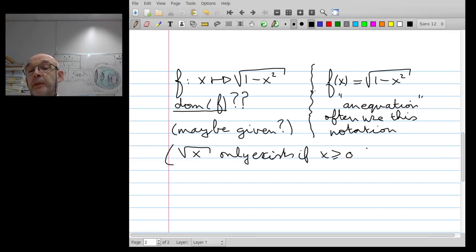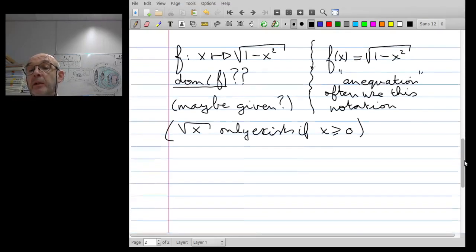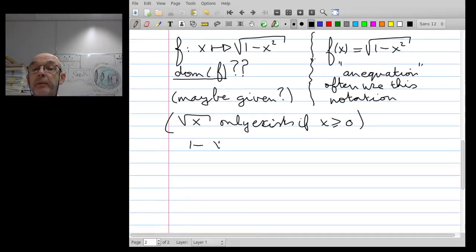So we see that 1 minus x squared has to be greater or equal to 0, and that means that x squared has to be less or equal to 1, and so x has to be less or equal to 1 and greater or equal to minus 1.